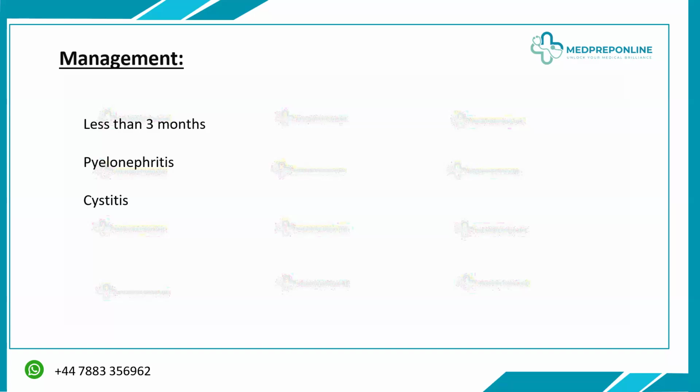If child is hemodynamically unstable, in that case, gentamicin is started, and later on we can stop it according to the clinical condition. And we always start these empirical antibiotics, and then we chase the urine culture, and according to the sensitivity we further plan the duration of the antibiotics and the type of the antibiotics.